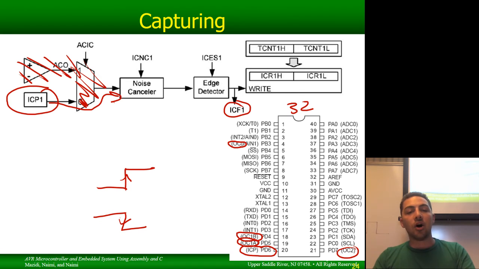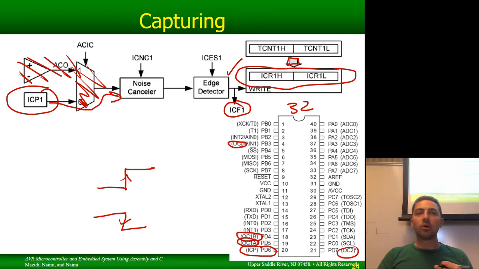But when this edge is detected is when it grabs data and saves it. You don't save it. The processor saves it. It's a hardware process. And that's all that matters. So it all happens in hardware once it's been enabled and once it's been set up.